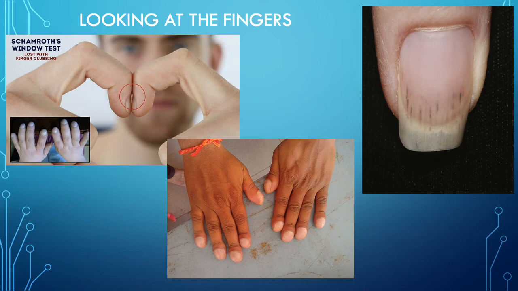But this is the test that we can do for that. And then these splinter hemorrhages, same thing. It's another sign that there's lack of blood flow, these black marks on the nail, that's what splinter hemorrhages are. So this can be another sign. It's all about oxygenation. A lot of times if the heart's not working right, that's when we're going to see these signs of poor oxygenation in that peripheral vascular system.